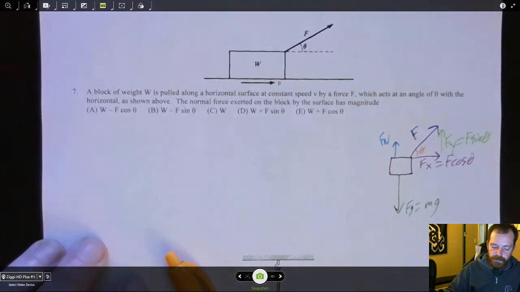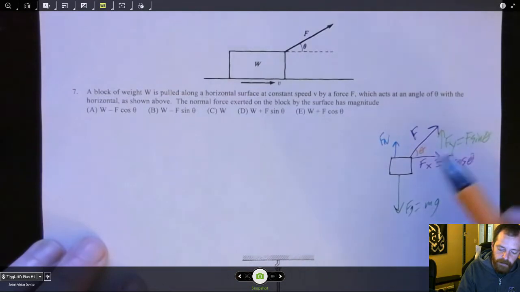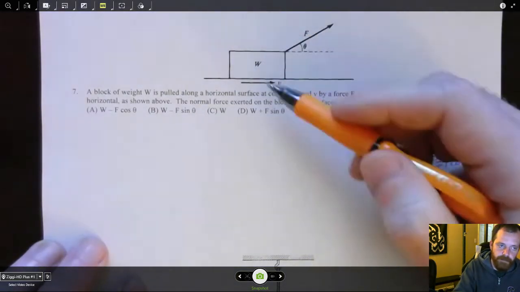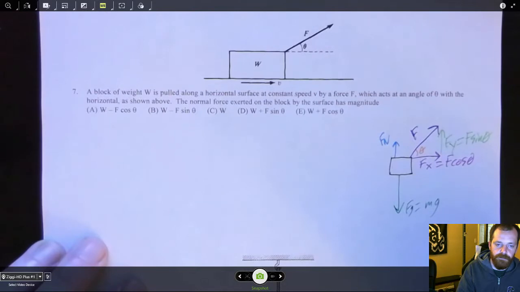Now what we should realize here, since this box is not accelerating up or down at all, is that the two forces pushing up on the box have to be equal to the force pulling down on the box. Once again, because it's not accelerating up or down, the net force in that direction must be 0, which means the forces acting on the box must cancel out.